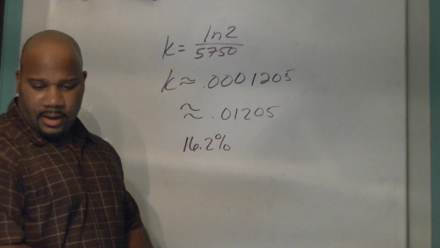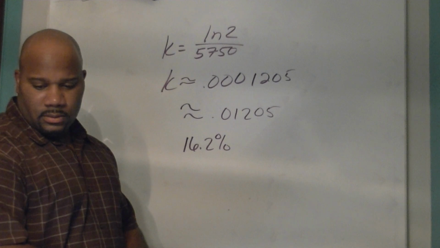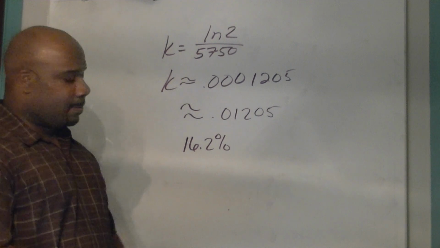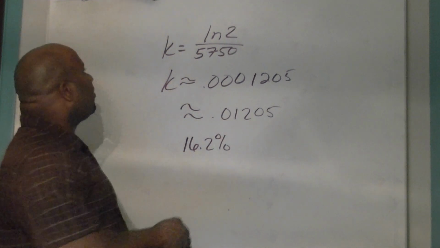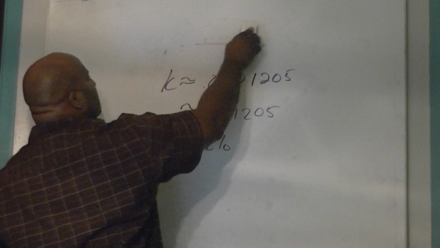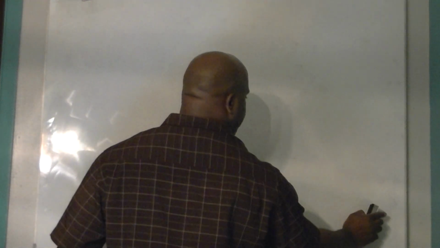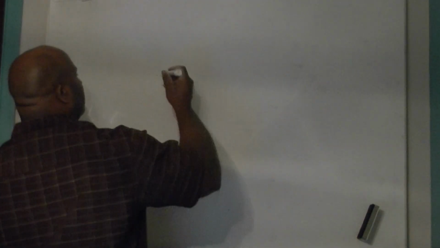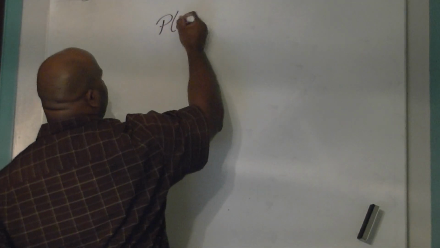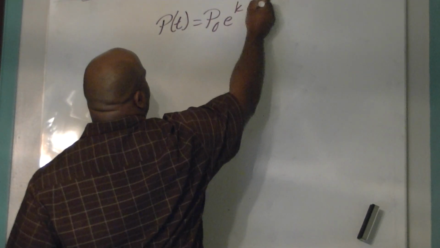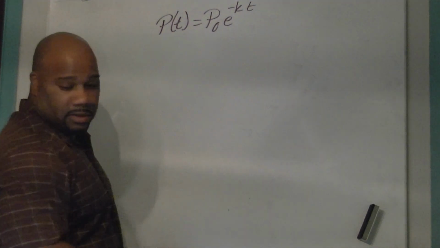So if it had 16.2%, we're going to put that in there. And I'll write it on the board. That's negative because we're doing exponential decay.